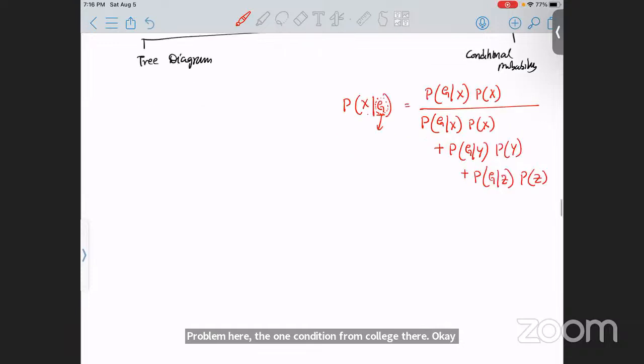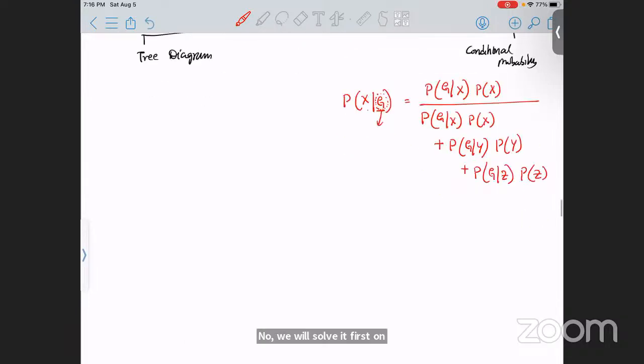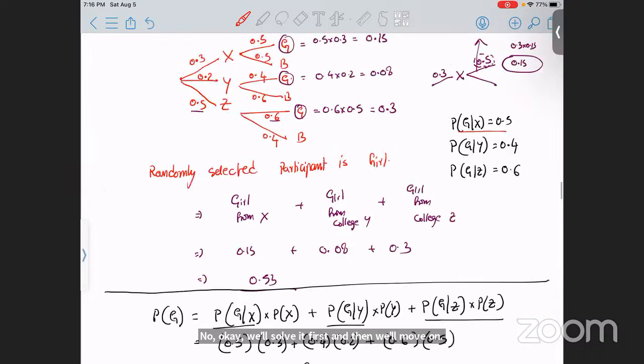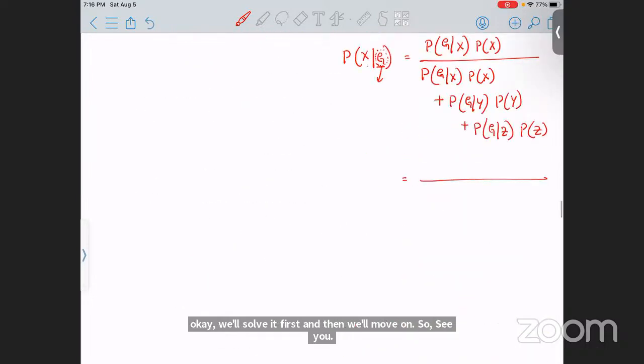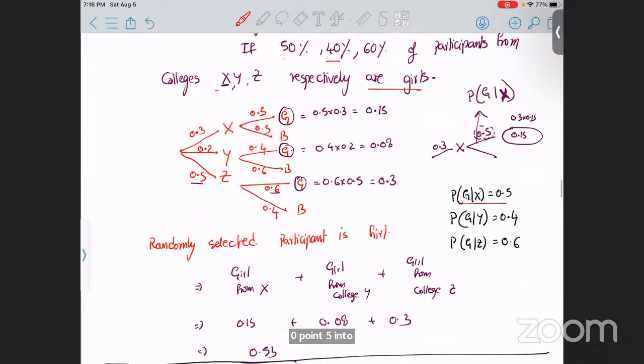Okay, we will solve it first and then move on to the tree diagram. G by X is 0.5, into the probability of X, which is 0.3.